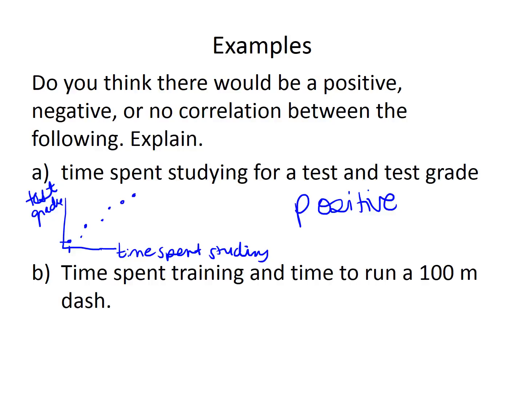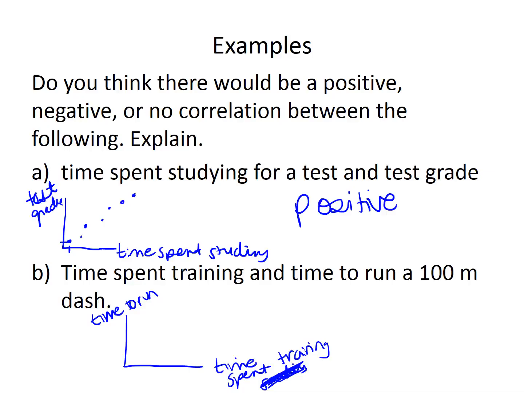Part B, time spent training and time to run a 100-meter dash. As we can imagine, not time spent studying, time spent training. If it was time spent studying and time to run a 100-meter dash, there would be no correlation at all.